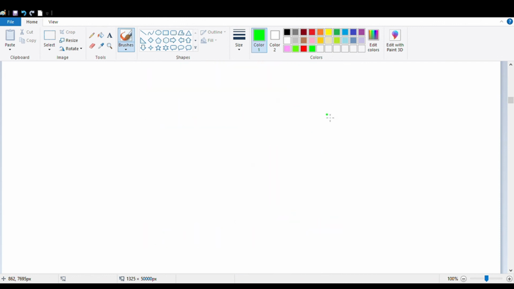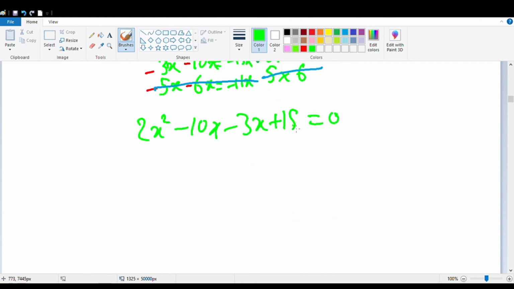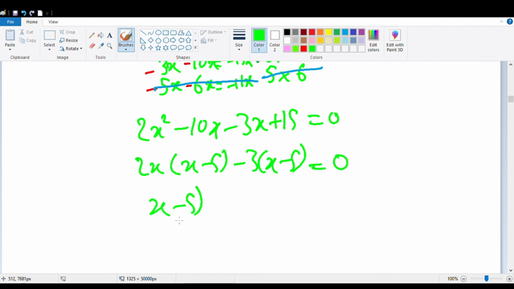Yes, it is. Okay, so 2x into x minus 5 minus 3 into x minus 5 is equal to 0. So x minus 5 into 2x minus 3 is equal to 0.